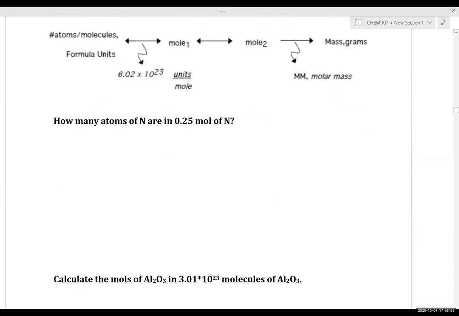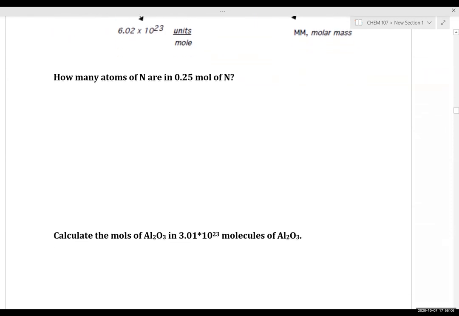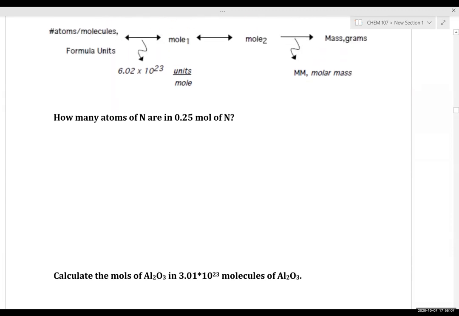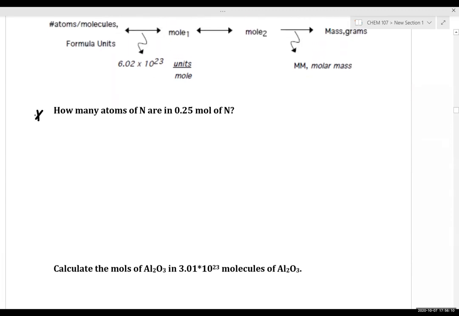And let's just really make sure that we're comfortable with this idea. So now that we've seen our first representative example, I'd like you to spend about 4 to 5 minutes and complete the following 2 problem solving examples where we're asked to calculate the atoms of nitrogen per mole of nitrogen and the moles of aluminum oxide per a given number of molecules of aluminum oxide.